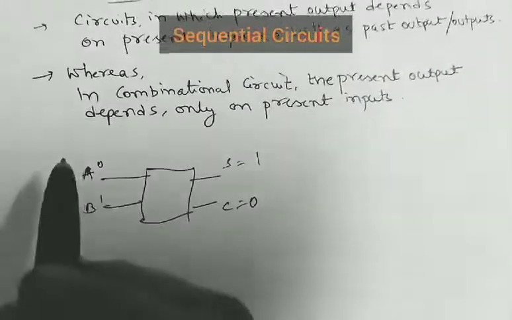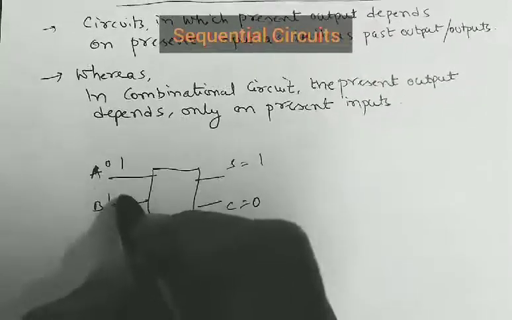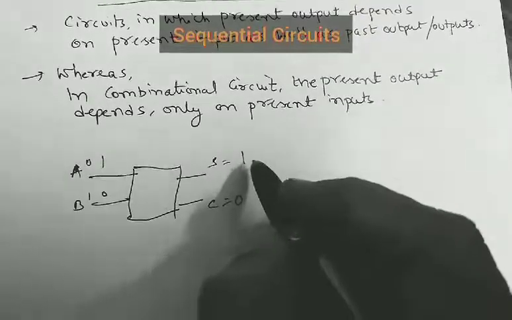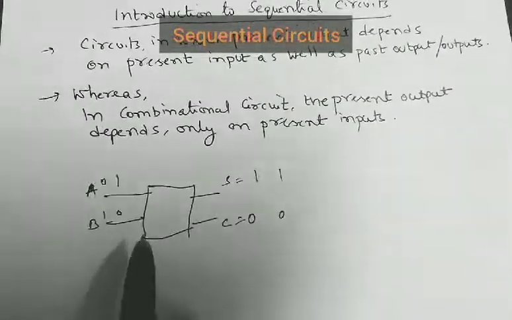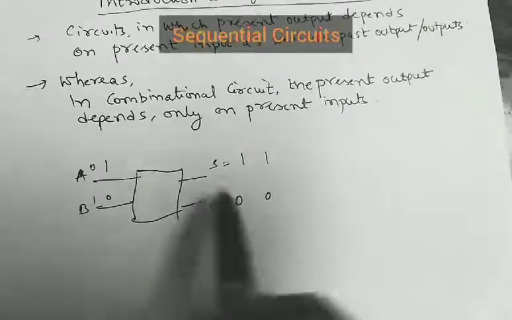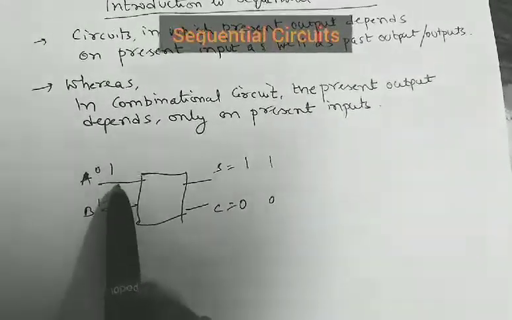In the next case, if I give A as 1 and B as 0, the output will be the same, that is, the sum will be 1. The thing to note here is that the output depends on the combination of the present inputs at that moment of time.